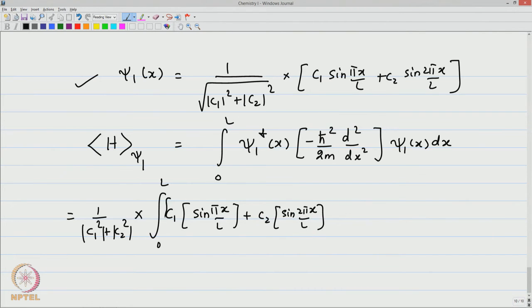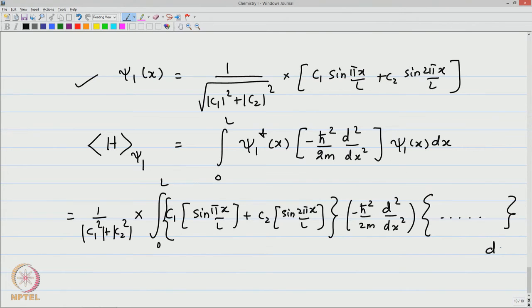All of this is multiplied by the operator minus h bar square by 2m d square by dx square acting on the same wave function, times dx.